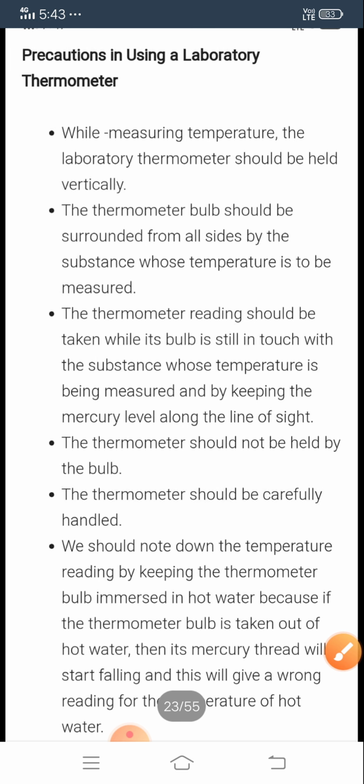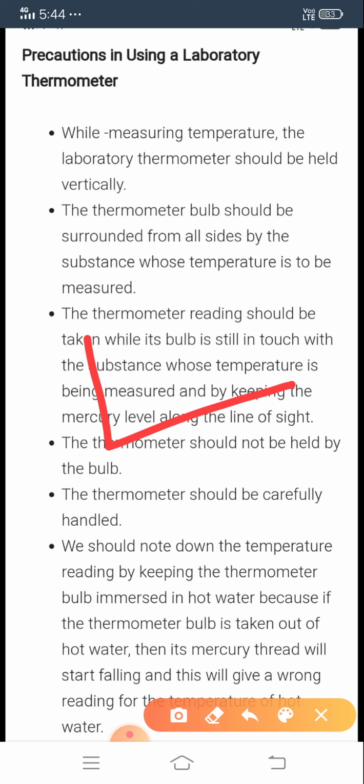We should note down the temperature reading by keeping the thermometer bulb immersed in hot water, because if the thermometer bulb is taken out from the hot water, then its mercury level falls, and this will give a wrong reading for the temperature of the hot water.